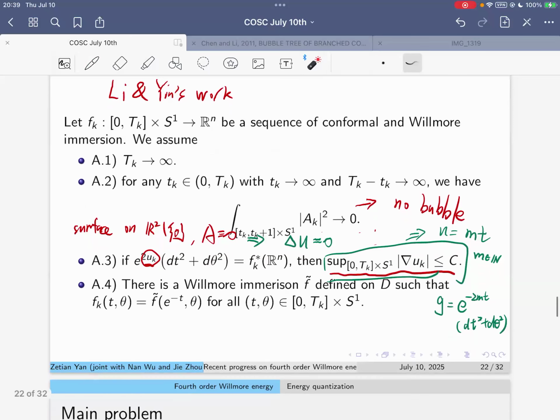And the next, the last assumption says that all of these immersions can be regarded as part of an immersion defined on a closed surface. And the benefit of this assumption is the following. We have conservation laws.